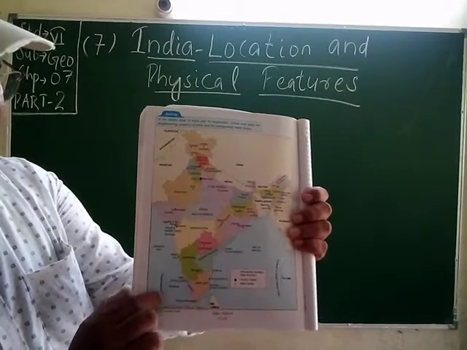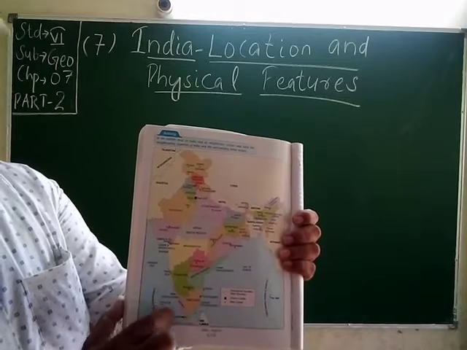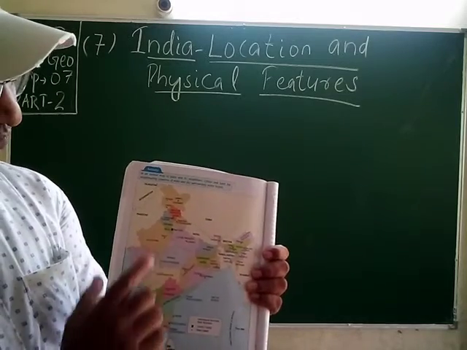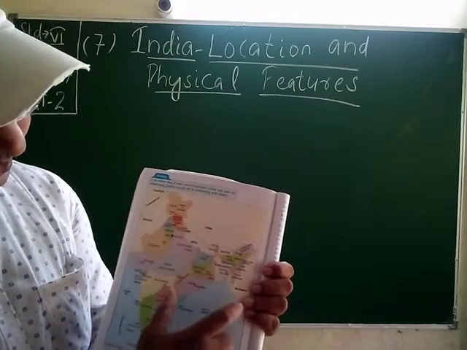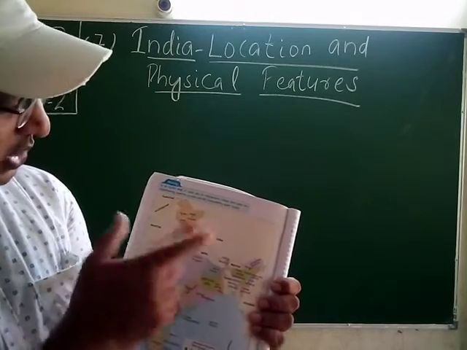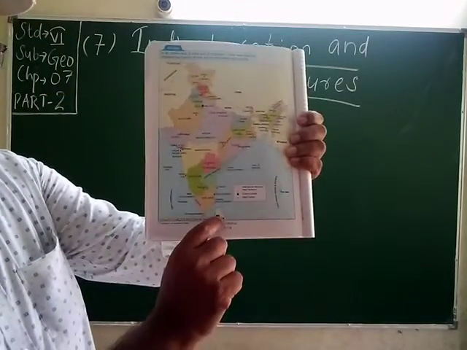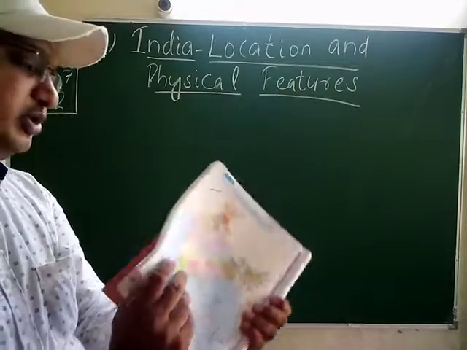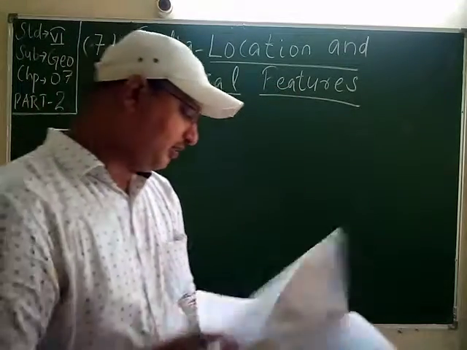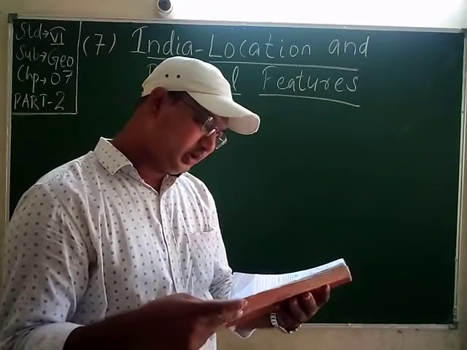This is the Lakshadweep Islands, which is situated near Kerala, the nearest state on the mainland. Students, China is on one side, with Nepal, Bhutan, Bangladesh and Myanmar, these are our neighboring countries. On the other side it is Pakistan and Afghanistan. The southernmost neighbor is Sri Lanka. Students, the next map is the physical map.